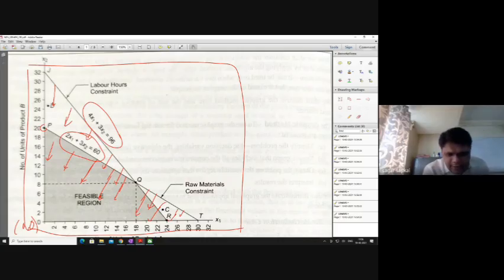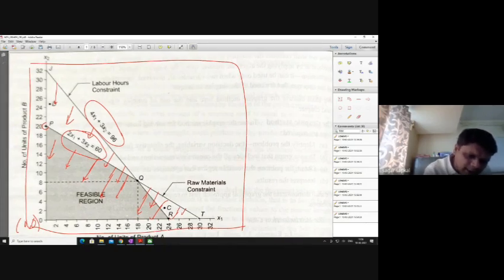Then you go towards the right and observe any other point on the line which is also towards 0, 0. There is no other point near that.